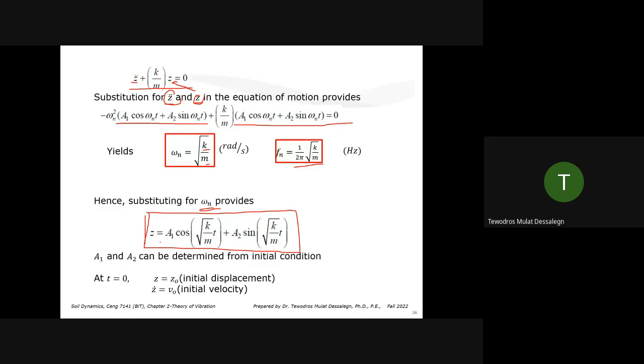So what we're doing here is deriving the equation of motion. We know the solution. Using the initial conditions, we determine omega n, and we plug in omega n in terms of k by m, because we're putting in the variables and constants that we know. K, we know it, assume we determined it.